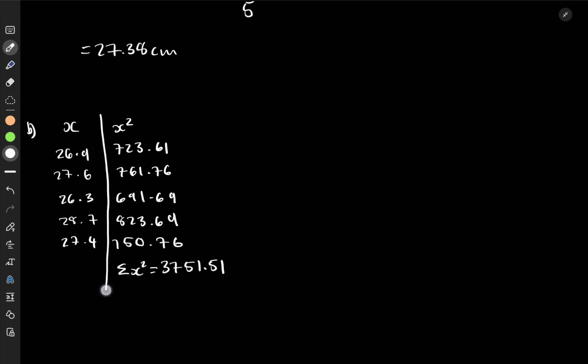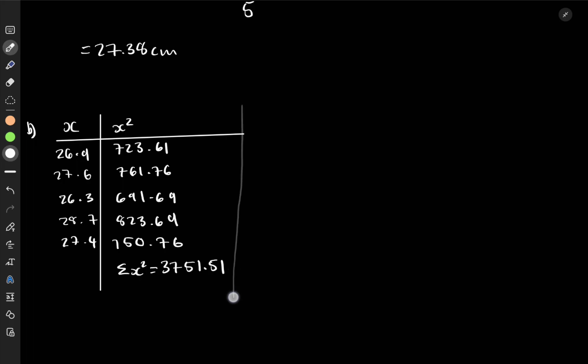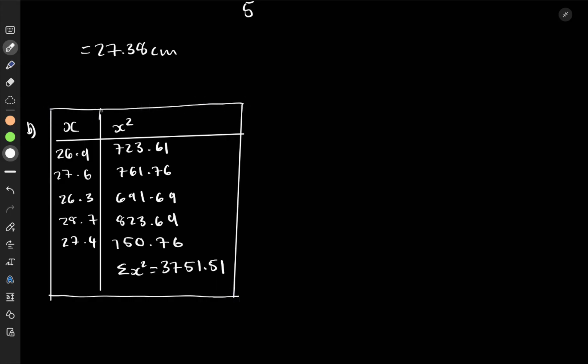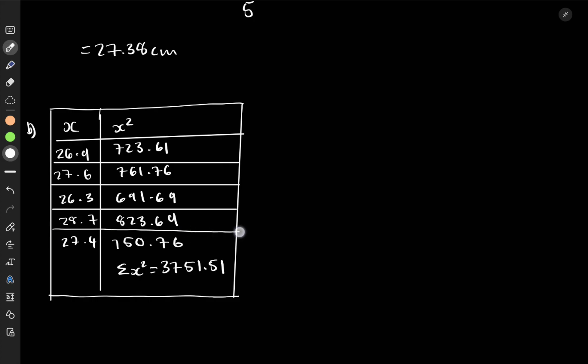So there we go, here's my x squared. Nice and easy, easy peasy, lemon squeezy, right? We can have all the values in the table like that.